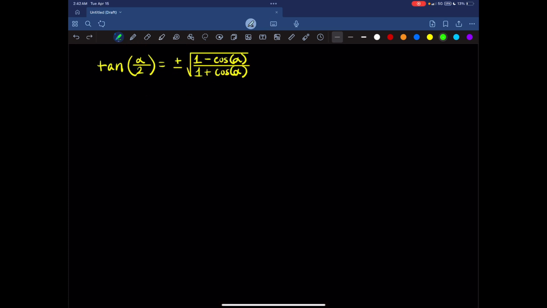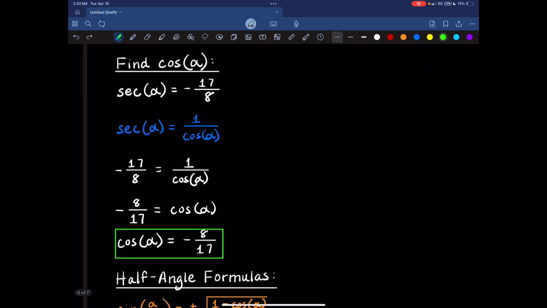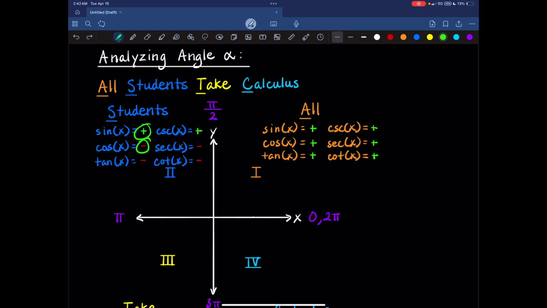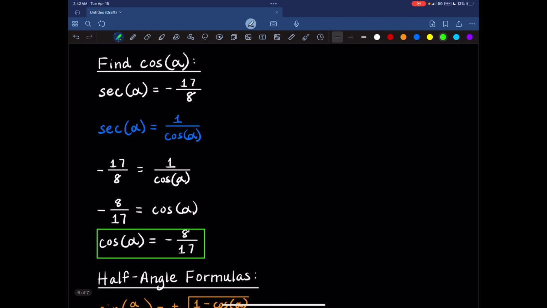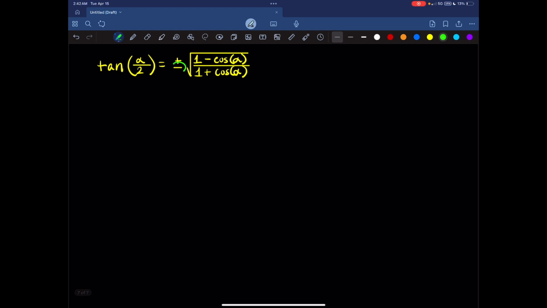And finally, the last half angle we have to calculate is for the tangent. So let's look back and see whether we're going to take the positive or the negative of this square root. So the half angle is in quadrant 2. And in quadrant 2, tangent is always negative. So we're going to take the negative of this square root here.